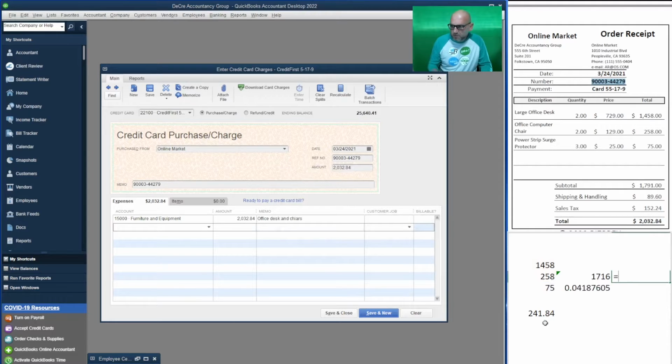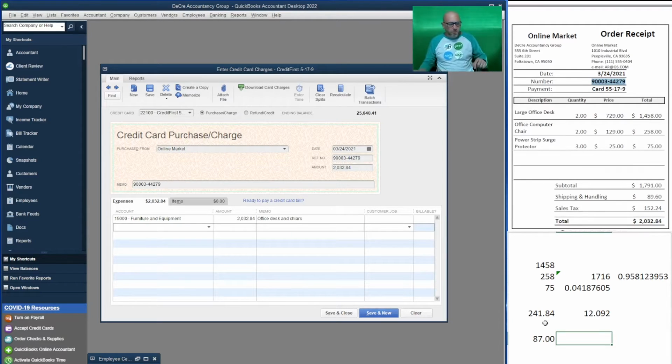Yes, and then this is divided by sum of this 3. Yes. So this will get 5% of it. So $12. All right. So we're going to do 75 plus 12.